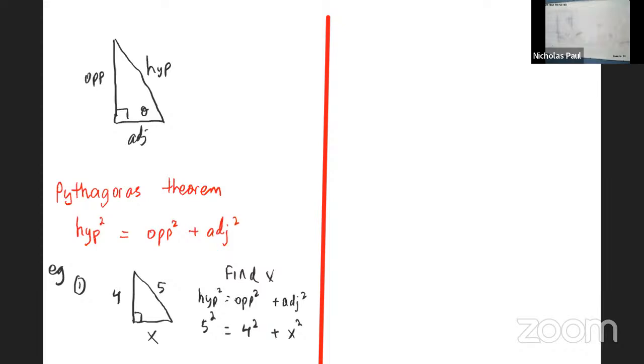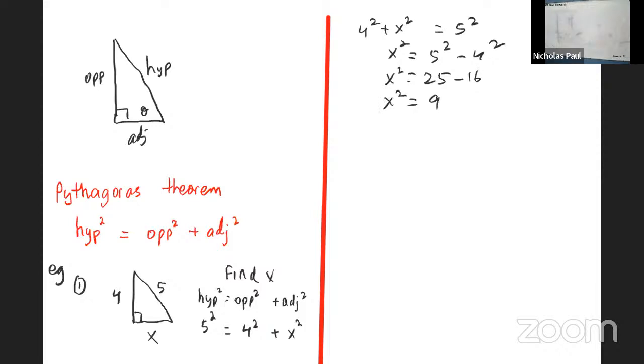If you look back at the rules I gave you last week, switch the 4 squared and x squared with the 5 squared. Whatever you want to find, put it on the left side. And then make x squared the subject of the formula. x squared is 5 squared minus 4 squared. x squared is 25 minus 16. x squared is equal to 9.